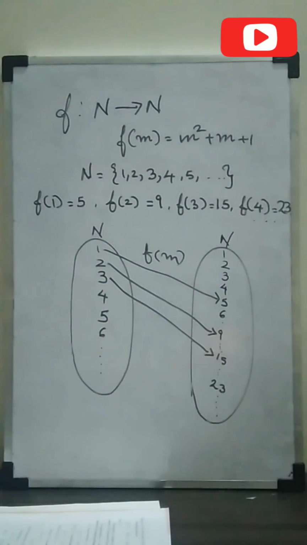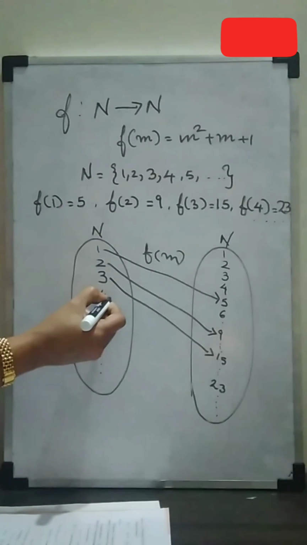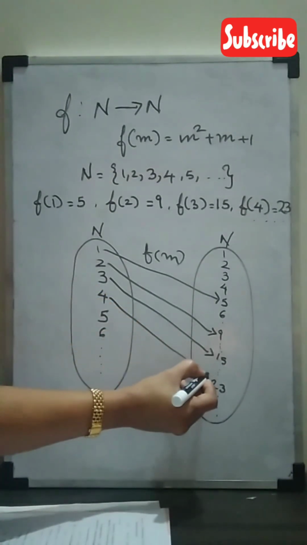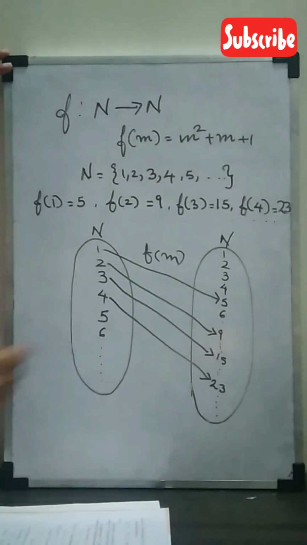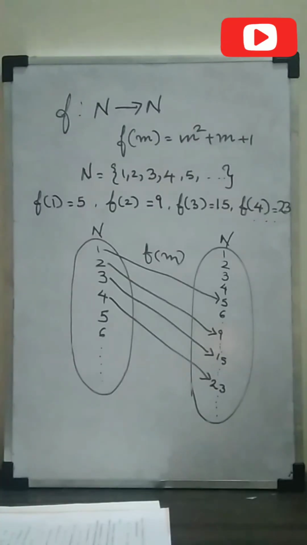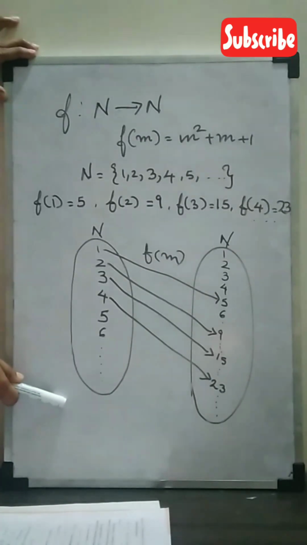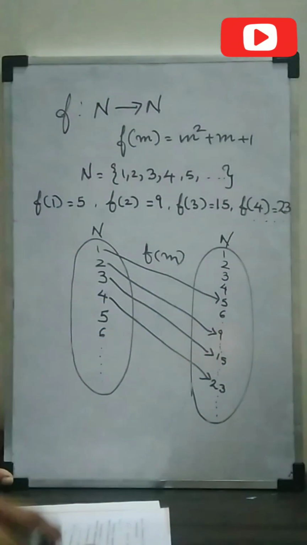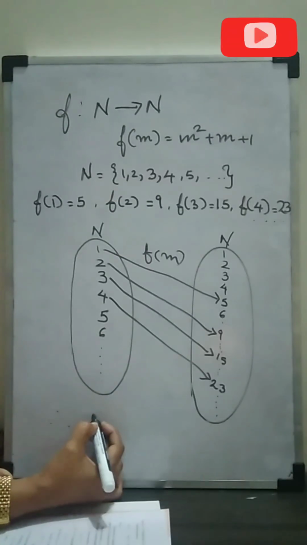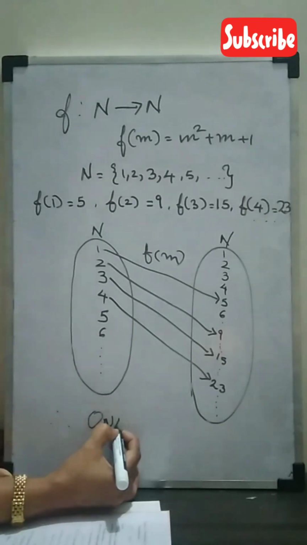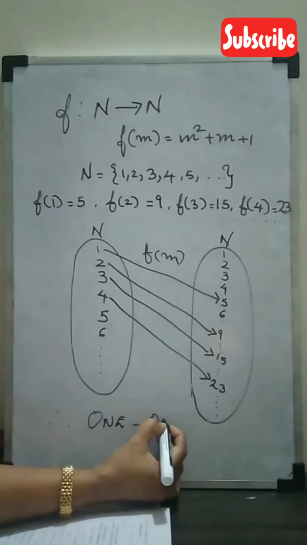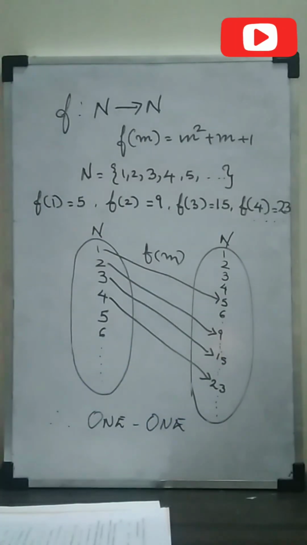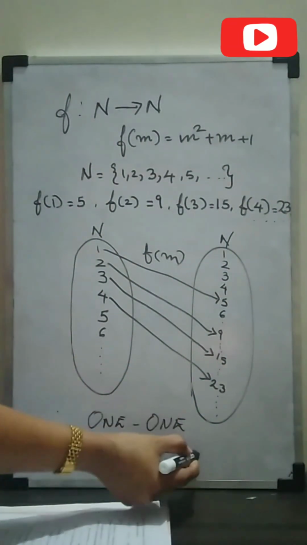When m is 4, f of m is 23 and so on. இல்லையா? So now in the function பாருங்க நீங்க. In the function every element in the domain has a unique image in codomain. So therefore the given function is a 1-1 function. Okay, given function is a 1-1 function, hence proved.